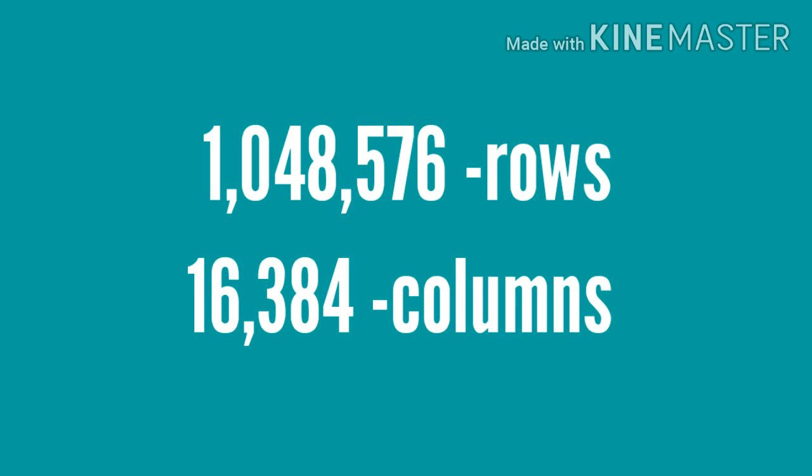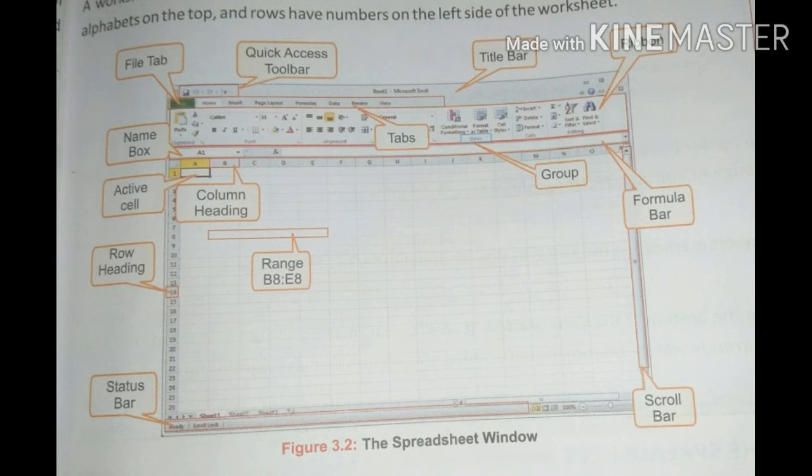A worksheet consists of how many rows? 1,048,576 rows in one single sheet, Sheet1, and 16,384 columns. Columns are represented by alphabets on the top and rows have numbers on the left side of the worksheet.